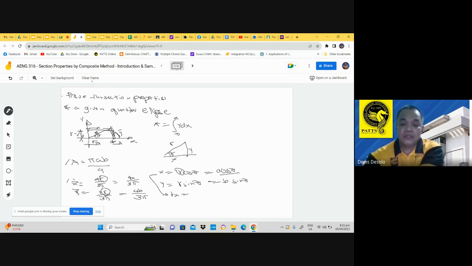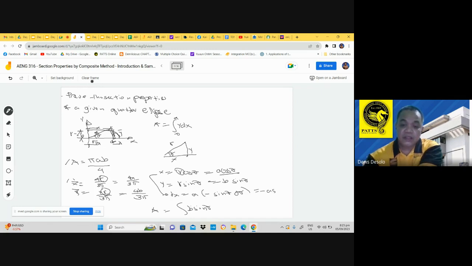So what's the differential of that? That is a times the differential of cosine theta, which is negative sine theta differential of theta. Substitute in this limit. A now is equal to integral of y is b sine theta. Differential of x, let's simplify.